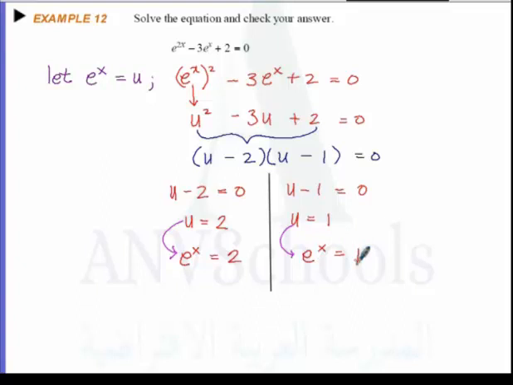And how do I solve for x then? Now to solve for x, this is a property of a common or natural logarithm: for you to be able to get x, you must apply ln to both of the expressions.